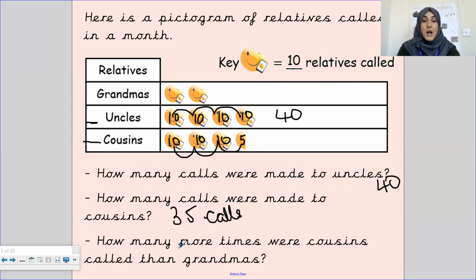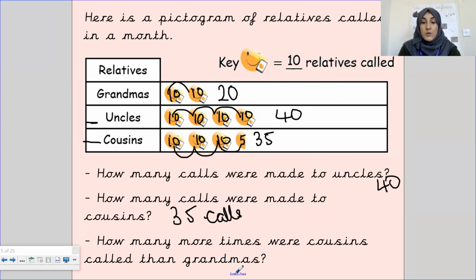Okay, next it says, how many more times were cousins called than grandmas? Okay, so I know that calls to cousins were 35. Now, how many calls were made to grandmas? 20.